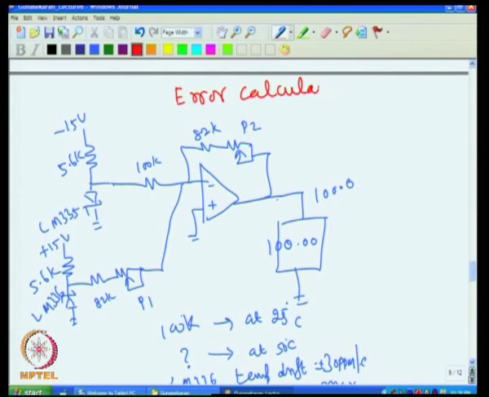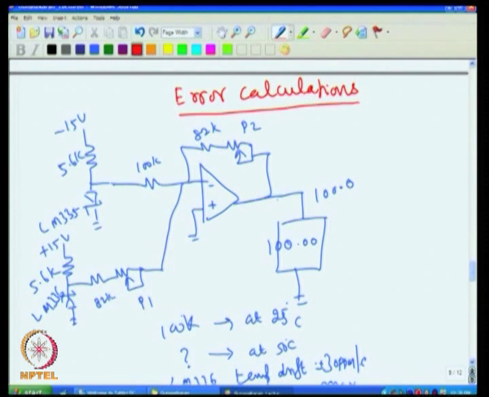or, as we generally call it in the analog domain, error budgeting, because error budgeting has to be done. This is the circuit that we used in the previous class. Here we used the LM335 as a temperature sensor, and the LM336 is a 2.5 volt reference Zener.